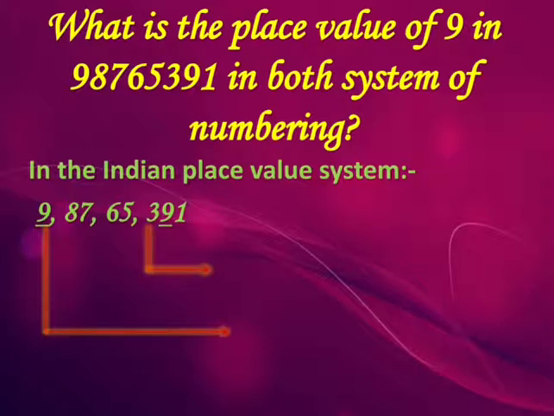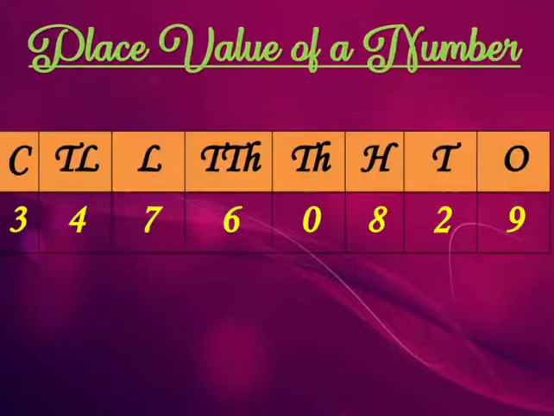Now here it is given that we have to give the place value of 9 in 98,765,391 in both systems of numbering. Please note, whenever we are talking about the place value chart or the place value system, like in the previous slide, we always write the place, that is your ones, tens, hundreds, and the digit also.